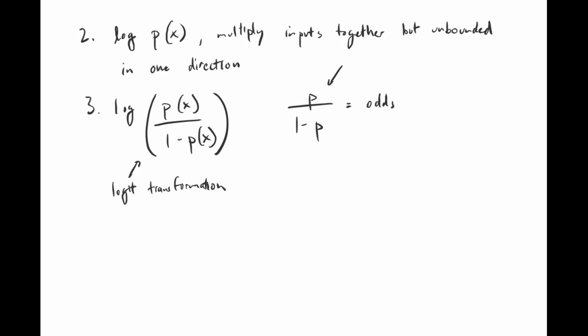So this is success, and this is failure for any particular outcome, right? And so the odds are the chances that you win versus the chances that you lose.